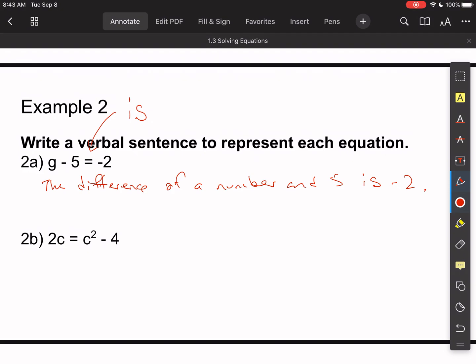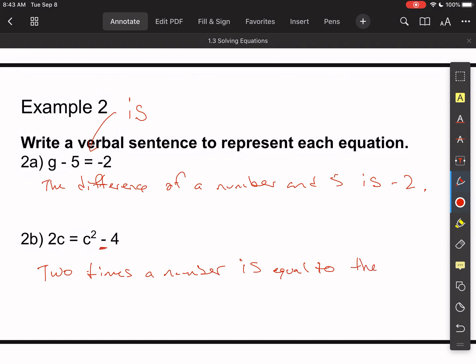Then for 2b, okay, we could say 2 times a number is, I'm going to say is equal to, we can say then the main thing going on between these two terms is subtraction, right?